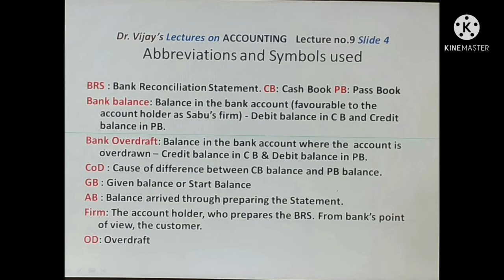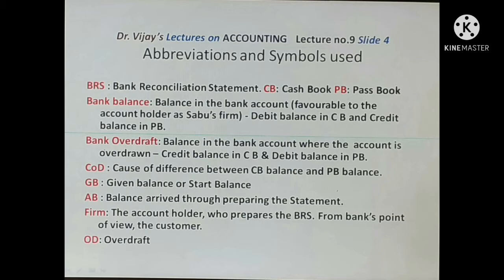COD, cost of difference. Cost of difference between the balance as per cash book and that as per passbook. So many costs will be there. GB, given balance or starting balance, the balance with which we start the statement. We may start with the cash book balance, then we will arrive at passbook balance. We may start with passbook balance, then we will arrive at cash book balance.